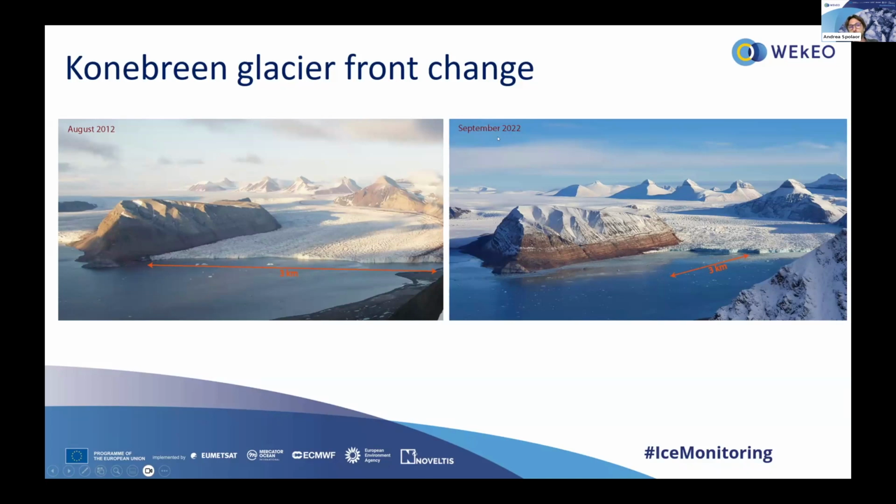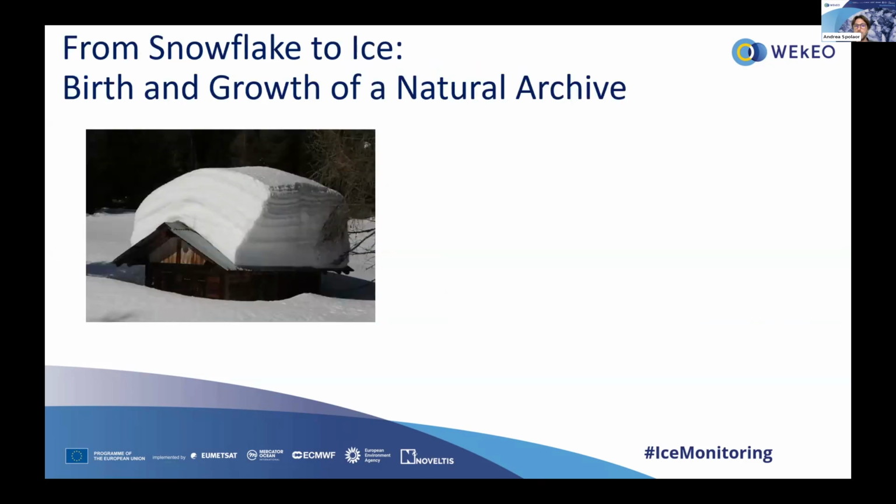And here is another picture, taken also at the end of the summer in 2022. This is the difference that we see in only 10 years. So the archipelago and its glaciers are changing quite fast and quite a lot. It's really possible to see with your own eyes the changes occurring in the cryosphere in this area.